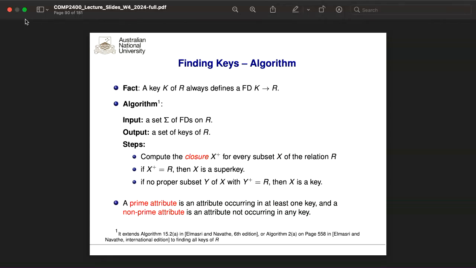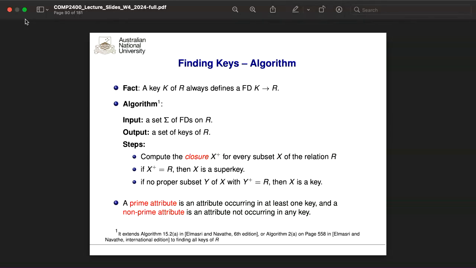There are several simple steps. The first step is to compute the closure of X. X here just means a subset of attributes of a relation schema. What does closure mean? The closure of X is the set of attributes that depend on X.